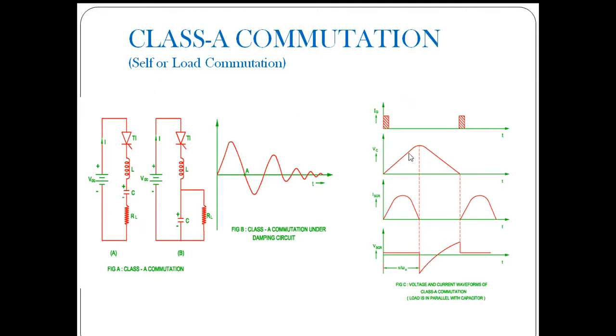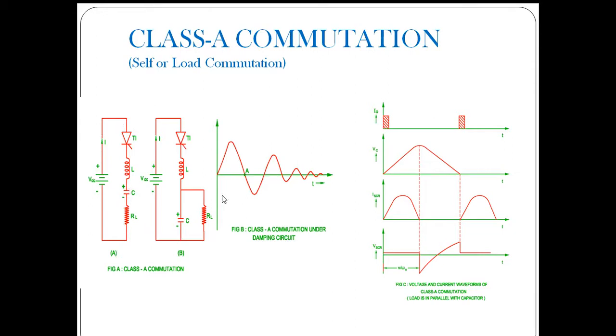Here we will observe the waveform representation. In this we observe the gate current of the thyristor, the voltage across the capacitor, the current through the SCR and the voltage across the SCR. Initially, when we apply the gate pulse to the SCR, the supply voltage passes through the load in this closed path.